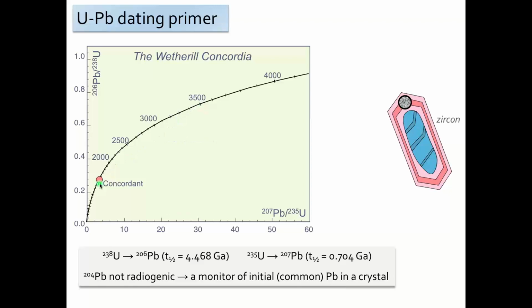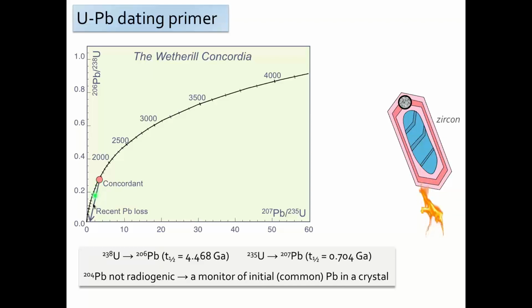For example, we might have our 1.5 billion year old zircon, and then maybe recently we heat the zircon up, say in an orogenic belt, or it falls into a magma, and we start to lose some of the radiogenic lead inside the crystal. And that will give us a mixing line towards the present day, which is effectively the origin of this graph.